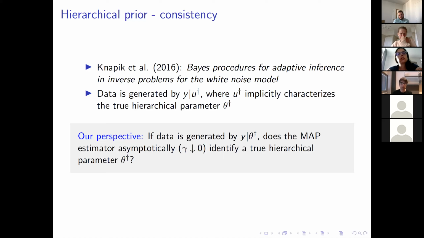And we take a little bit different perspective. We assume that the data is generated by some ground truth hierarchical parameter. I do a lot of imaging in the atmosphere, and for example, the parameter that I'm often interested in, the refractive index in the atmosphere, is driven by turbulence and Navier-Stokes, and there are many parameters in the flow models that need to be calibrated.